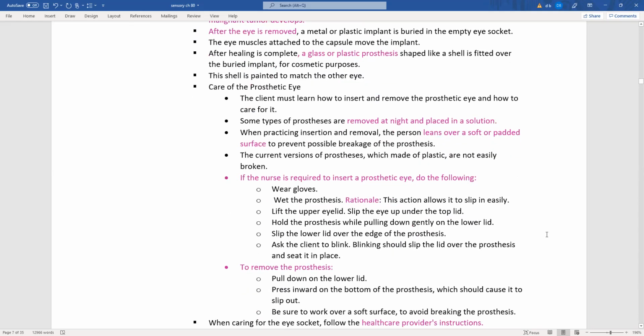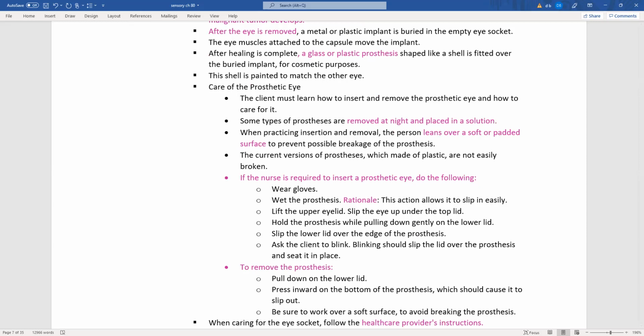Now, if the nurse is required to insert a prosthetic eye, do the following: wear gloves and wet the prosthesis. The rationale is this action allows it to slip in easily.